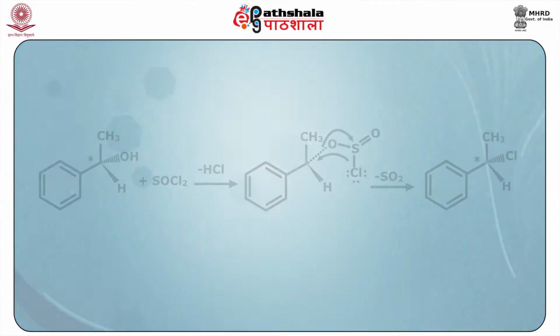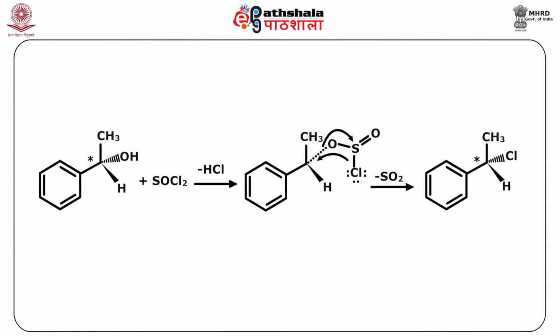For example, in the reaction of thionyl chloride with optically active alcohol, the first step is the same as SN1 ionization, in which the leaving group and the residue dissociate and form a tight ion pair.